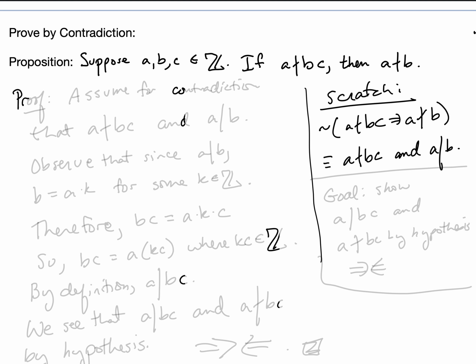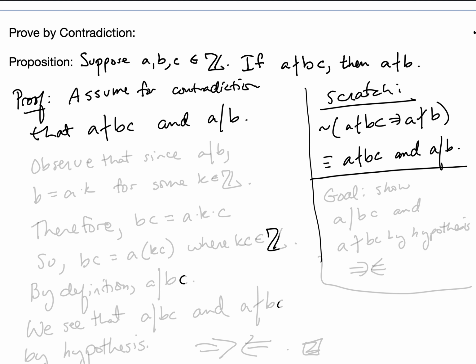So proof, assume for contradiction that A does not divide BC and A does divide B. So again, we're trying to eventually come to a contradiction.